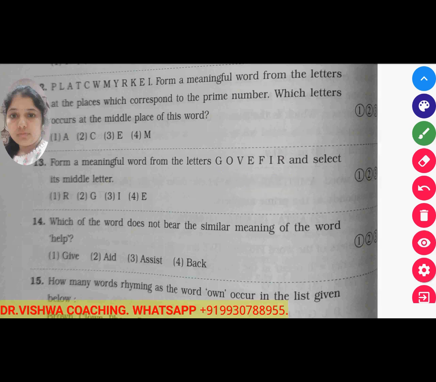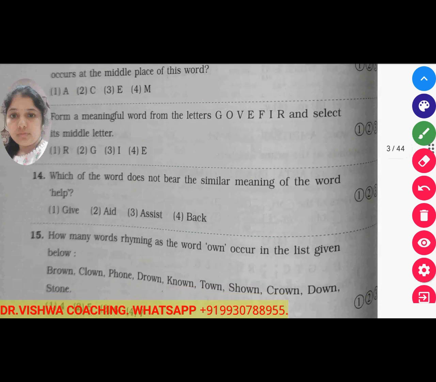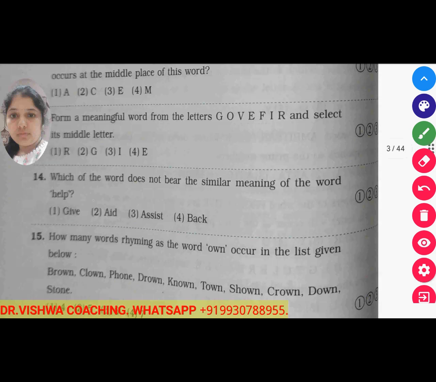Now, which of the words does not bear the similar meaning of the word help? Help means to give or to aid, to assist or back. So which word does not bear the similar meaning? Giving someone something, you can help them.